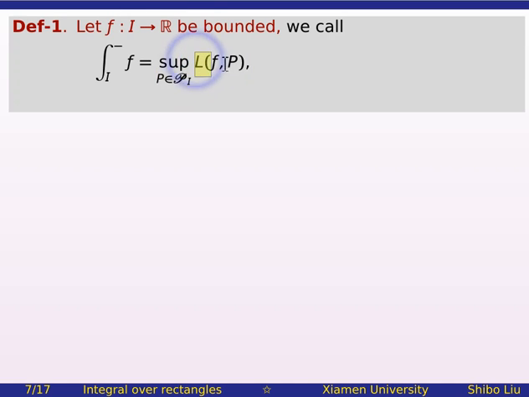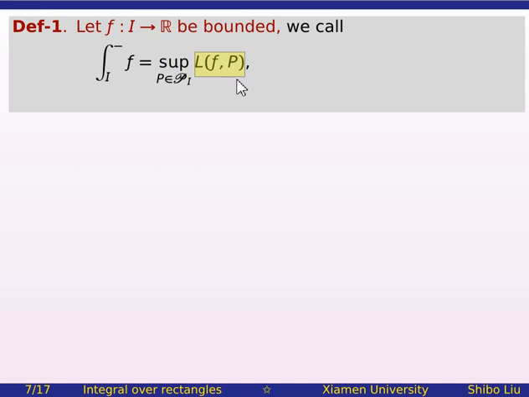Therefore, this lower sum will not be less than the lower bound of f multiplied by the volume of the rectangle I, and this will not be greater than the upper bound of f over I multiplied by the volume of I. So for every partition P, you compute the lower sum.